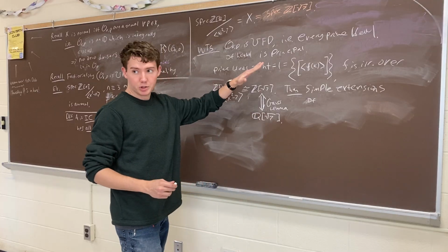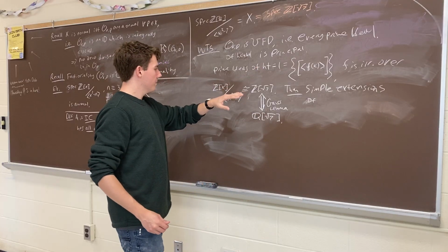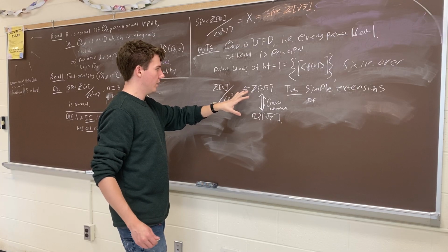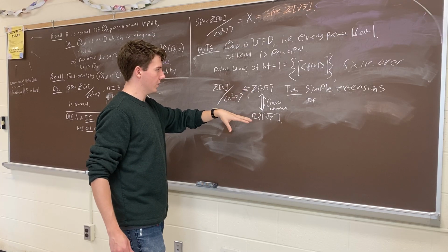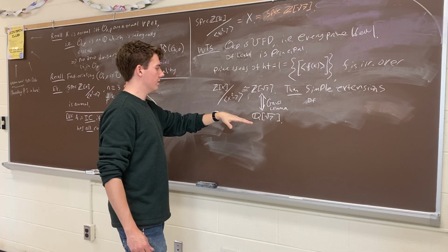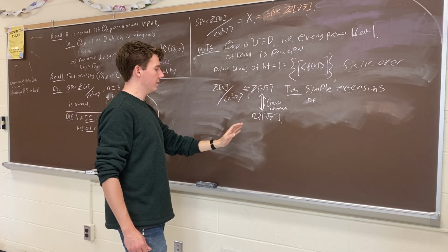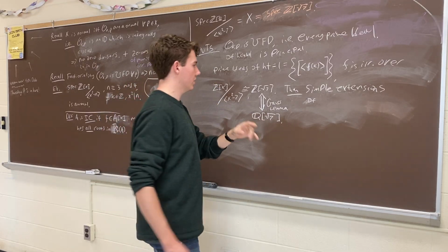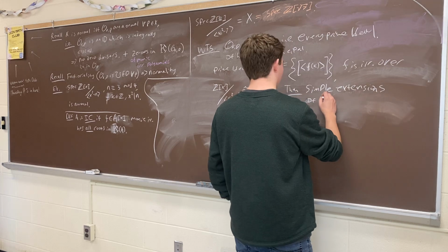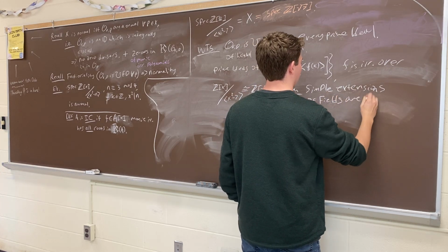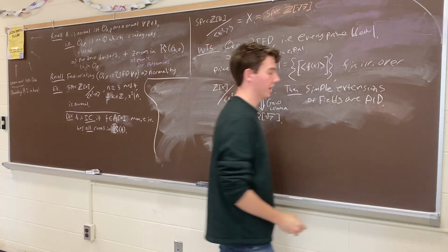So Gauss's lemma bridges us here. Yep. Irreducible over Z means irreducible over Q. Irreducible over Q means that prime ideals over Q, simple extensions of fields are good.